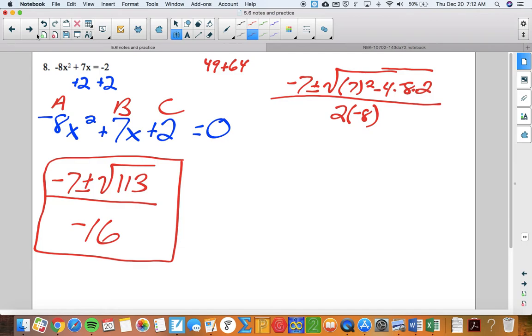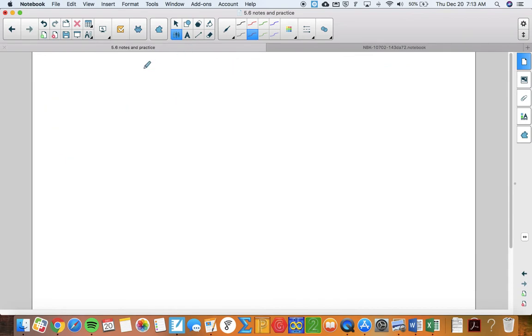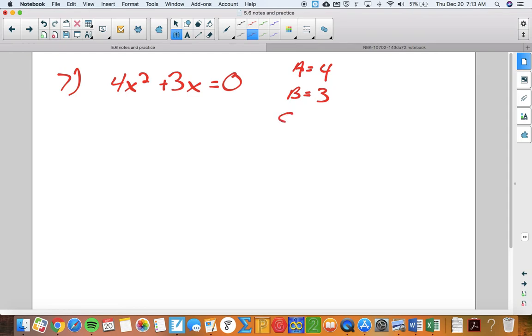Number 7 says 4x squared plus 3x equals 0. So in this case, folks, I'm just going to write it out here. I learned my lesson. A equals 4, B equals 3. And if you're like, man, there's no constant over here, that's right.